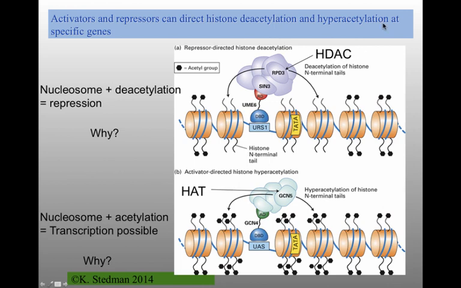Another way of looking at this is here: repressor at the top, activation down here at the bottom. Activation is where you have histone acetyltransferases through this co-activator protein. You put on acetyl groups, you open up the DNA, TATA boxes are accessible, you can get transcription.